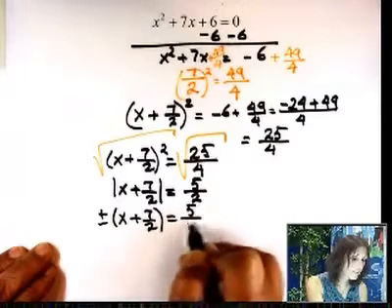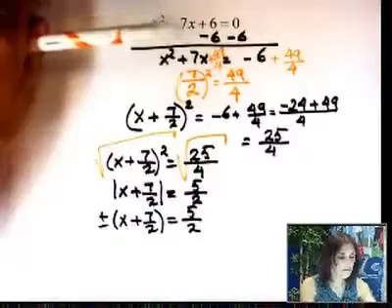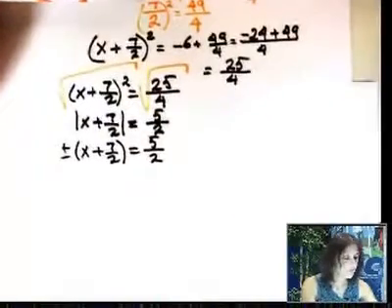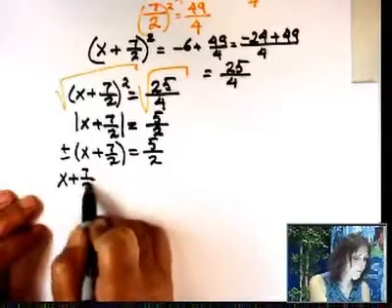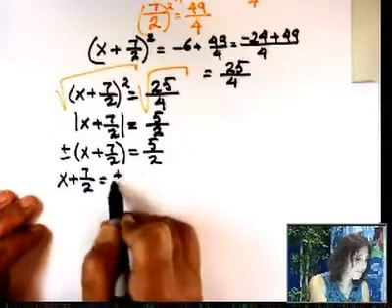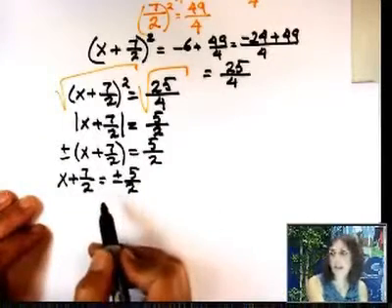The steps are always the same. Move the plus minus to the right. Now move the 7/2 to the right.